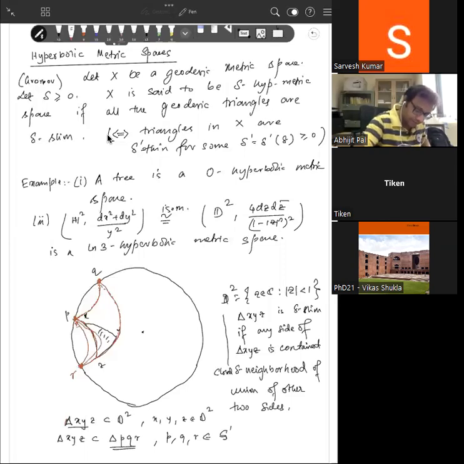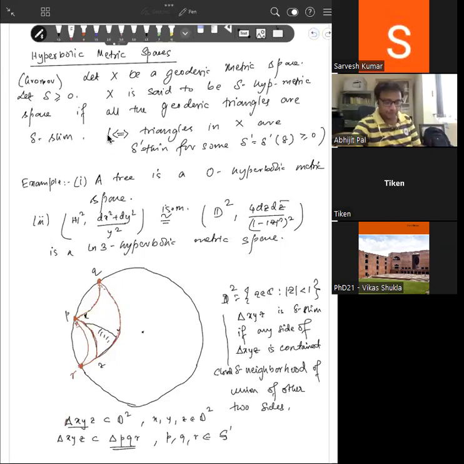R is here, so that can't be possible. Maybe you can check this thing. In fact, this triangle XYZ will be inside this PQR one.